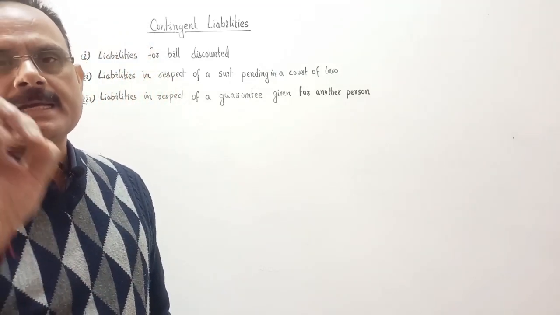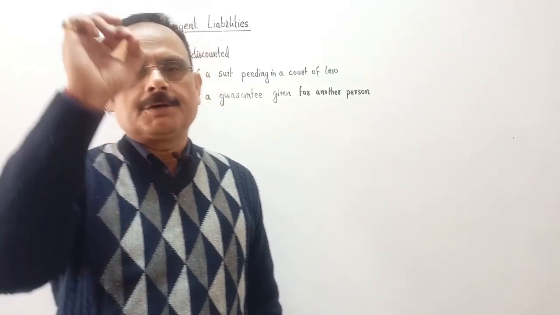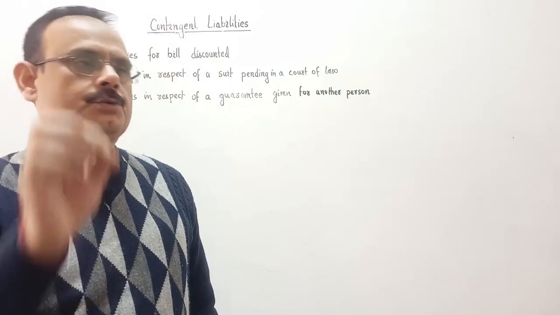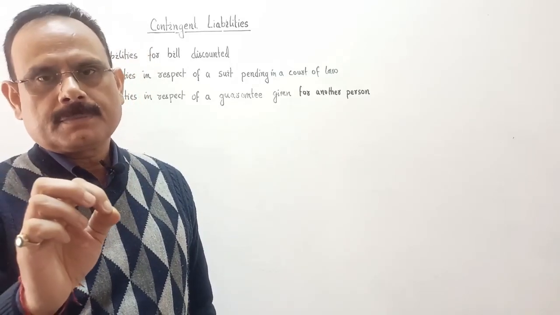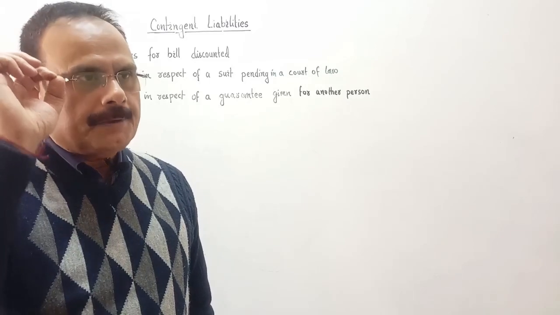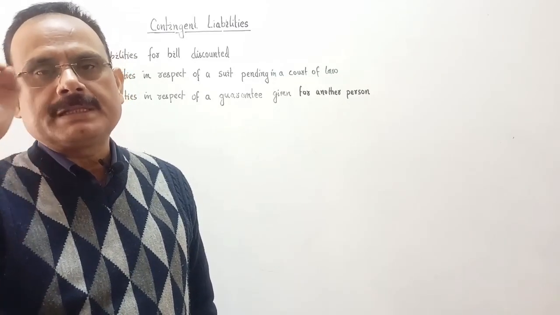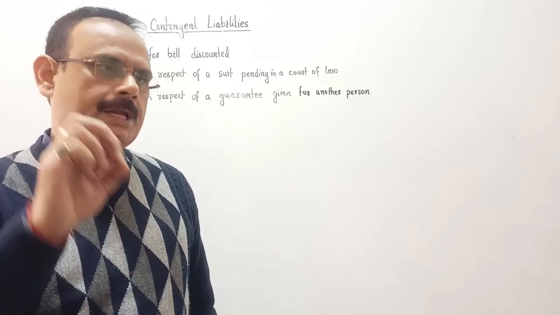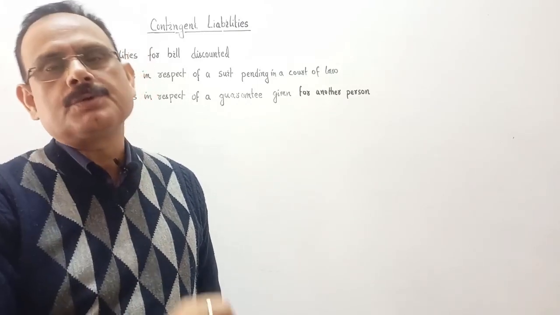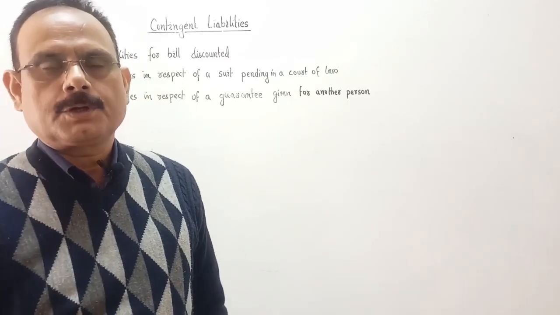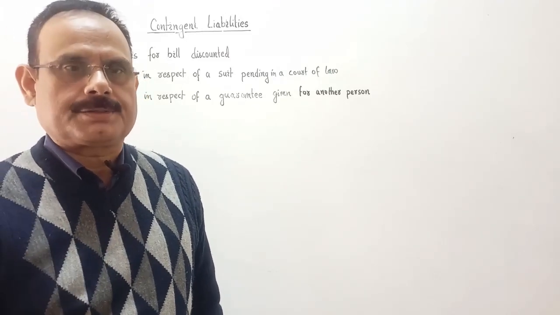That's why the contingent liability is shown in the footnote just below the balance sheet, so that the stakeholders are aware of these contingent liabilities. The company or the business has to disclose this in the footnote, not to hide this information.